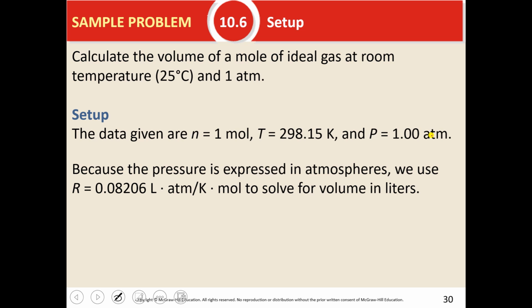Here's an example. It says calculate the volume of a mole of ideal gas at room temperature and 1 atm. Note it says room temperature. That means automatically not STP, not standard temperature and pressure. So we're asked to find the volume of a mole of ideal gas at room temperature and 1 atm. We were given a temperature and pressure, and we were given a mole.